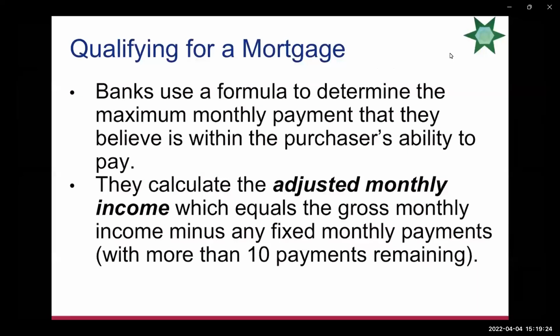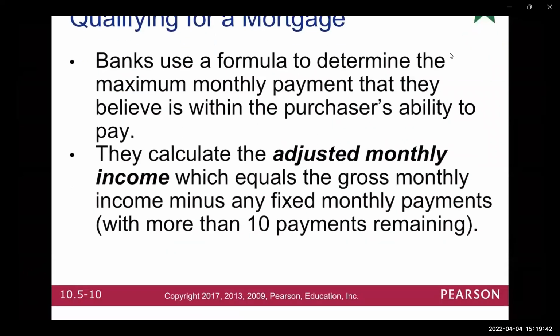Qualifying for a mortgage. Banks use a formula to determine the maximum monthly payment that they believe is within the purchaser's ability to pay. So that's what the bank is going to look at, your income and I guess other factors to see how much you would qualify for.